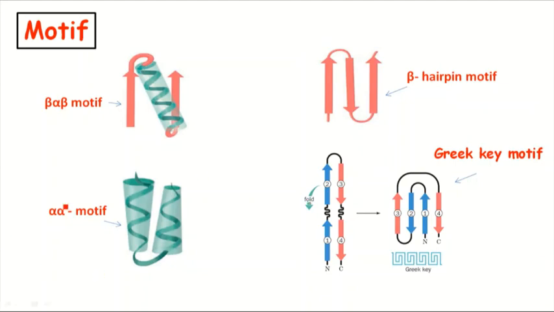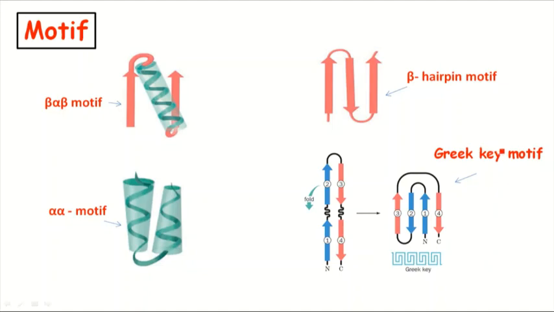Number 3, the alpha alpha motif. Here two antiparallel alpha helices are connected. Number 4, the Greek key motif. The name came from an ornamental design commonly used in ancient Greece.